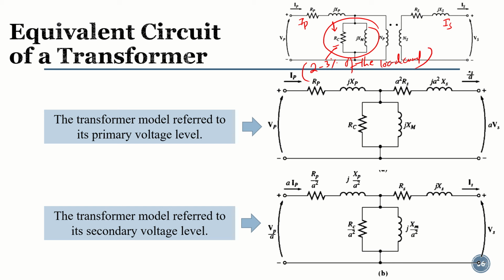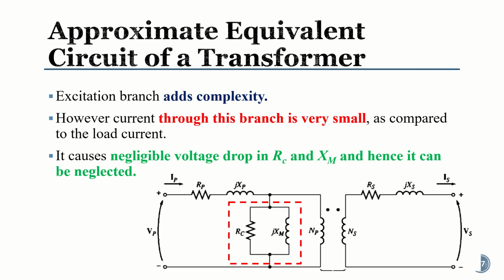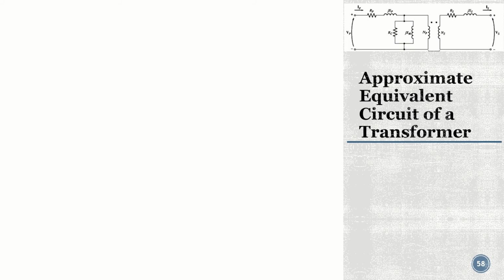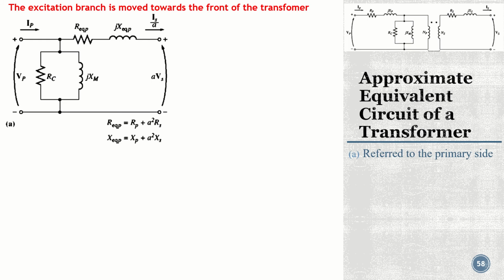So for simplicity we can also remove this branch. That will actually simplify our circuit. From this circuit at the primary voltage level we can remove this, and also we can remove this, which makes our circuit simpler.